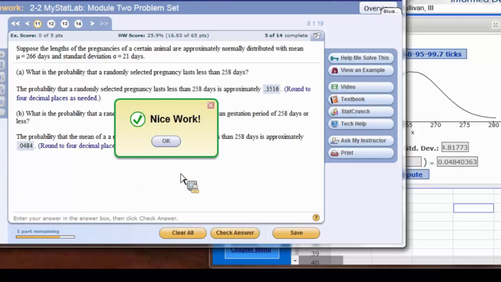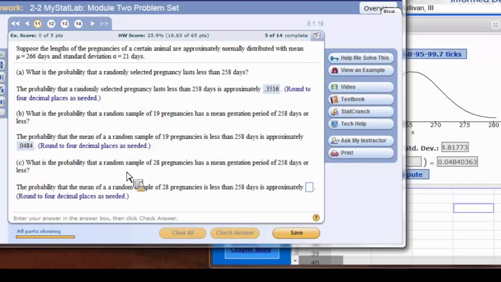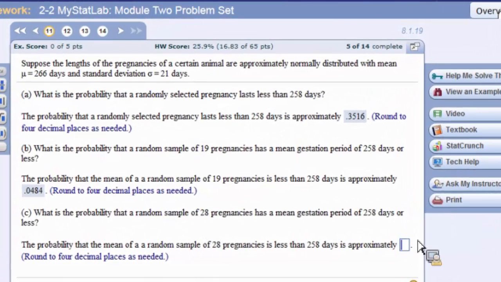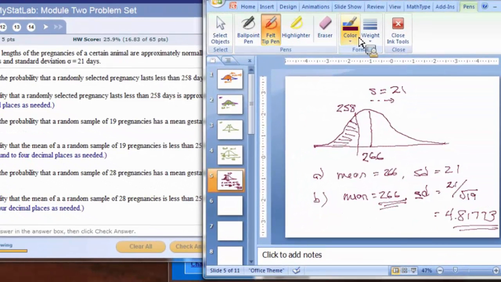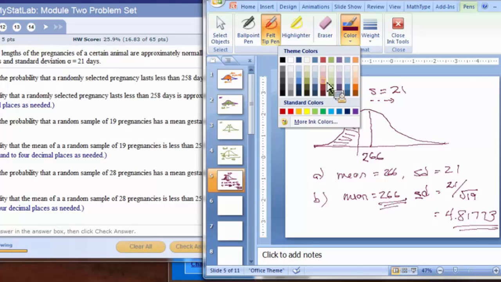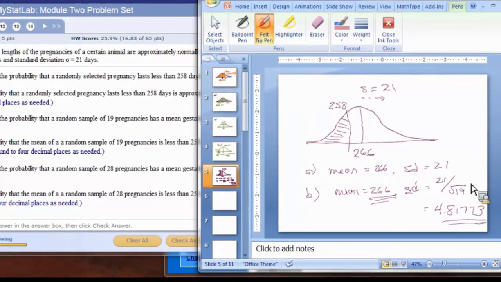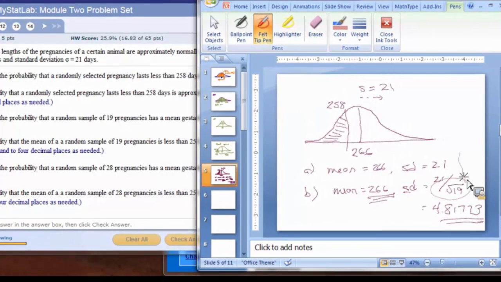Okay, so 11 through 14 are definitely harder because it involves a second step of work. It involves calculating this new standard deviation. The random sample of 28 pregnancies. Now that's going to be almost the same, but instead of dividing by the square root of 19, we have to divide by the square root of 28.